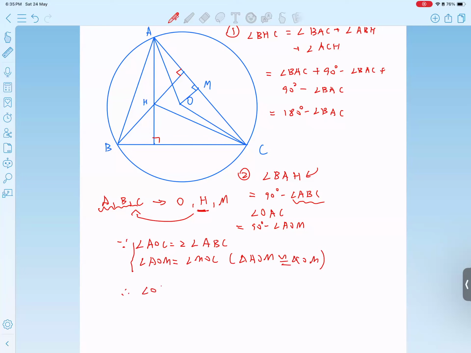So we have angle OAC is 90 minus half of angle AOC, which is angle ABC. Like 90 minus angle ABC.